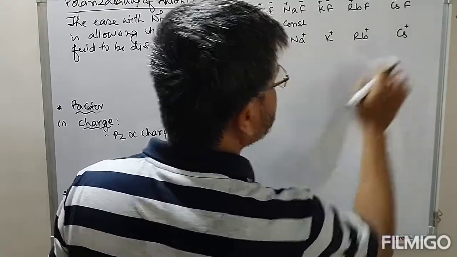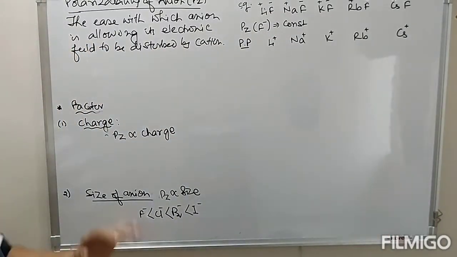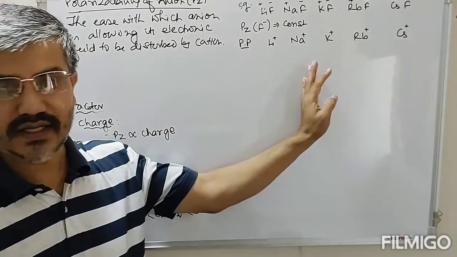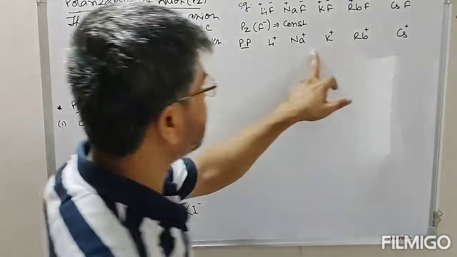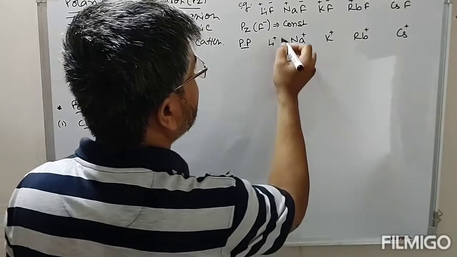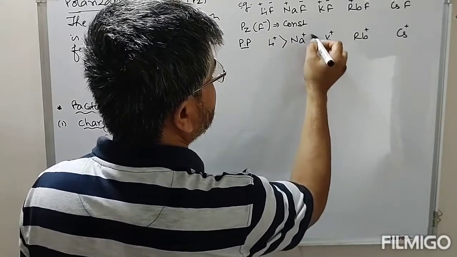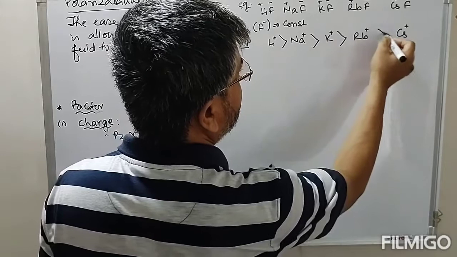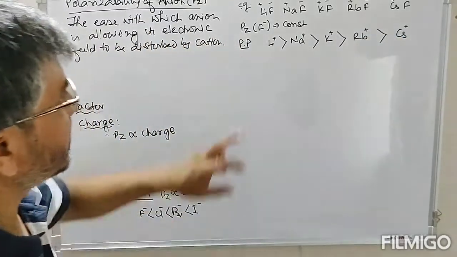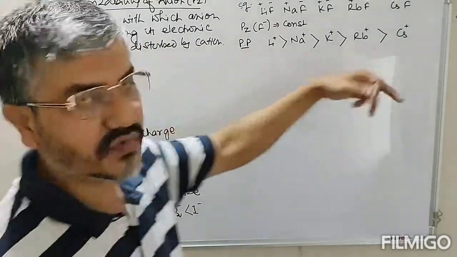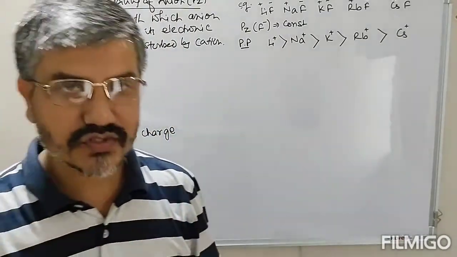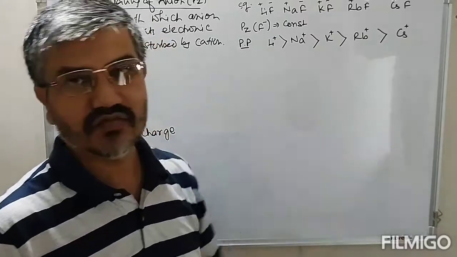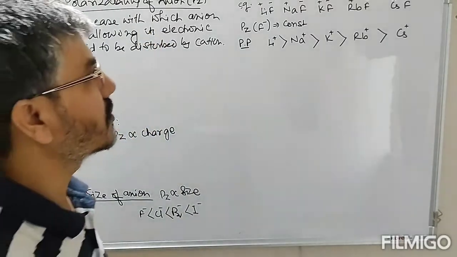Now down the group size increases. So the polarizing power of the cation is inversely related to the size. So as the size increases, the polarizing power decreases. So as the polarizing power decreases from lithium to cesium, the compound formed by lithium will be the most covalent and the compound formed by cesium will be the least covalent or the most ionic.